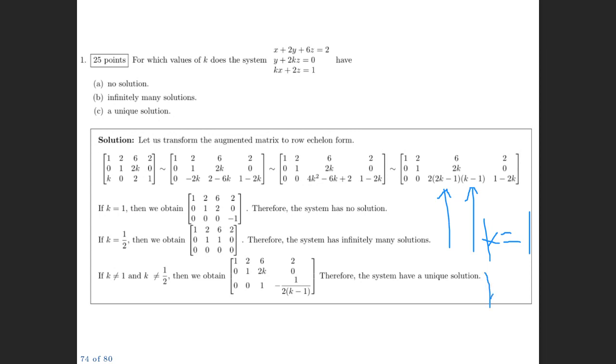So k equal to a half is an important number. And again, 1 minus 2k gives k equal to a half. So we're going to see what happens if k is equal to 1, what happens if k is equal to a half, and what happens for other numbers, if k is not 1 and k is not a half.